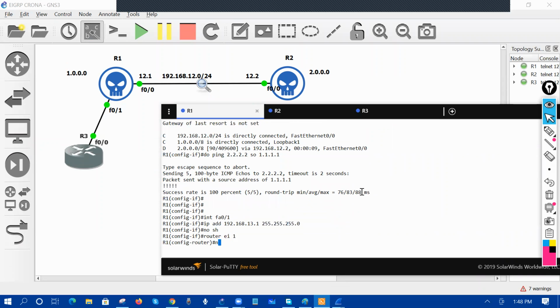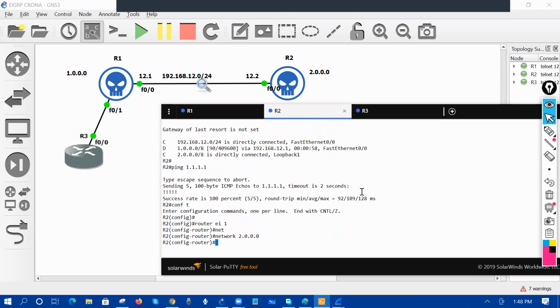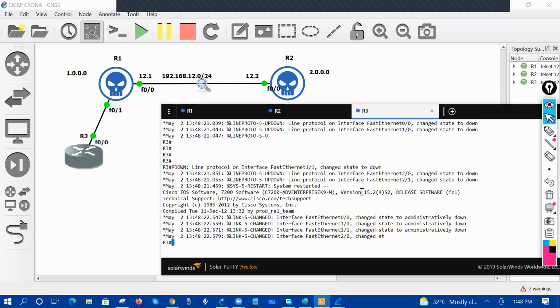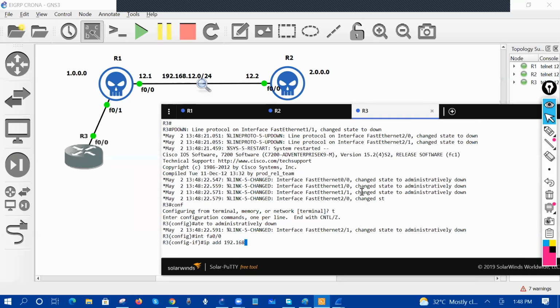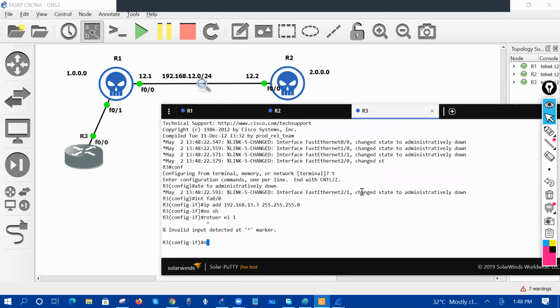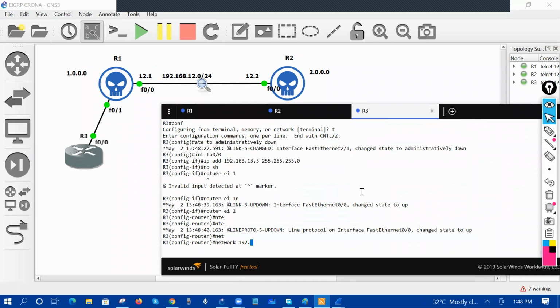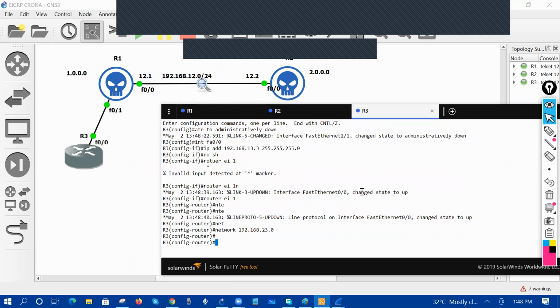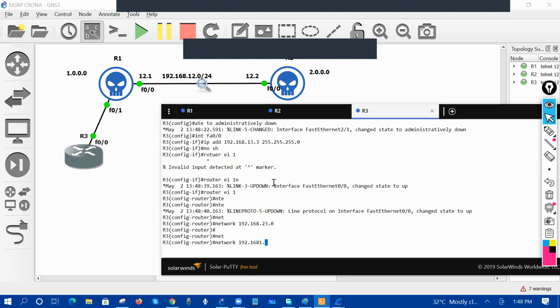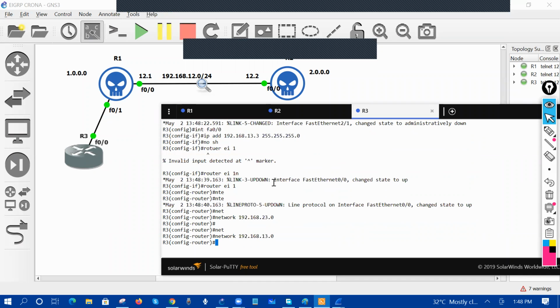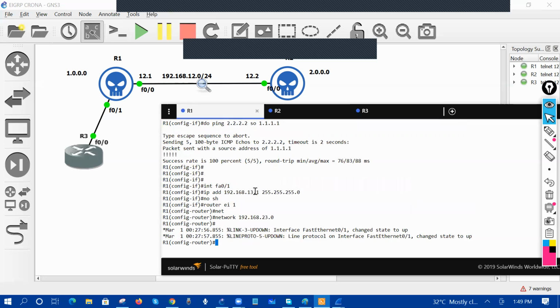Router EIGRP 1, network 23.0. Interface 0/0 IP address will be 23.13.3. I can advertise 23.0 now, and now it looks good, right? I just want to show you something else, network 13.0. And now you can see that in R1 you also gave the 23.0 network.